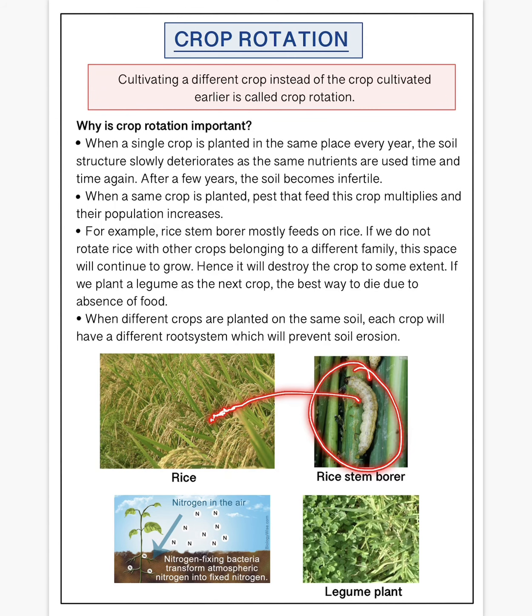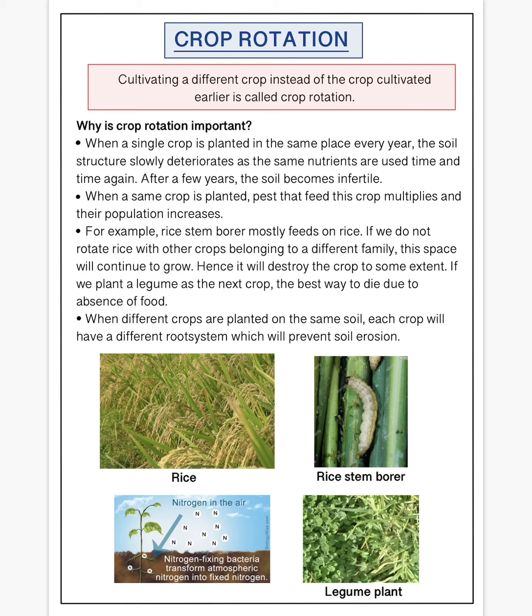So if we are growing rice and the second crop is also rice, this stem borer will increase its population and destroy the crop. So after this rice crop, if we are taking a legume plant, this stem borer cannot exist on the legume plant. It can only survive on rice. It cannot survive on this legume plant. So what happens to this pest? It will die.